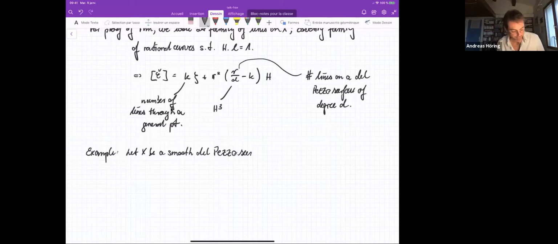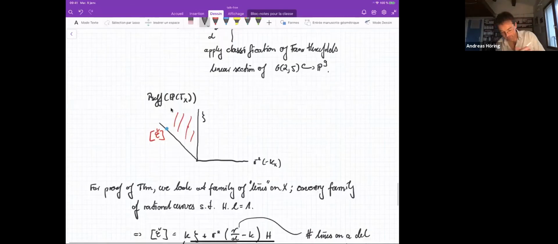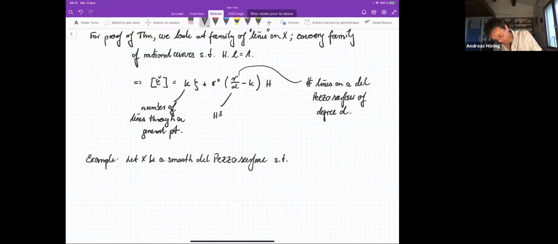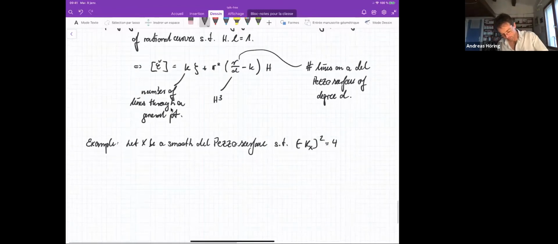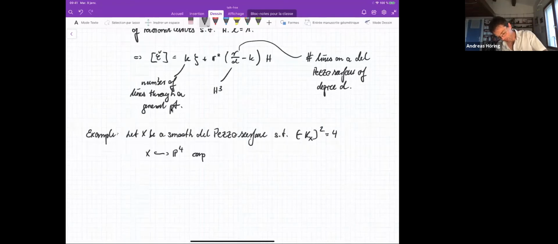Let's go to del Pezzo surfaces, and my assumption is that I have a del Pezzo surface of degree 4. Okay, so we can embed this del Pezzo surface in P4 as a complete intersection of two quadrics. That's the anticanonical embedding.